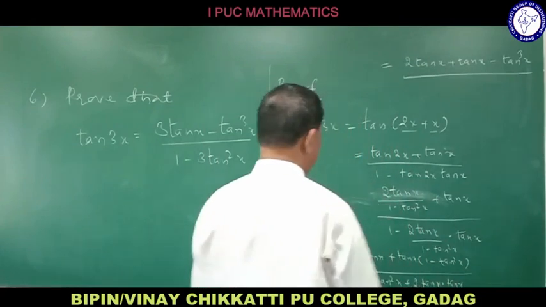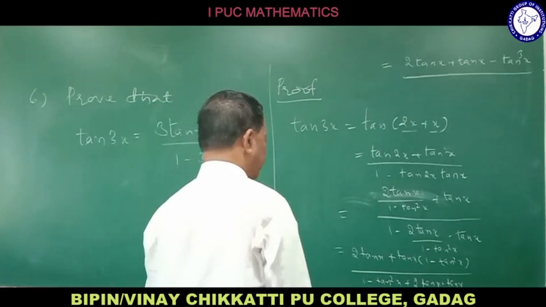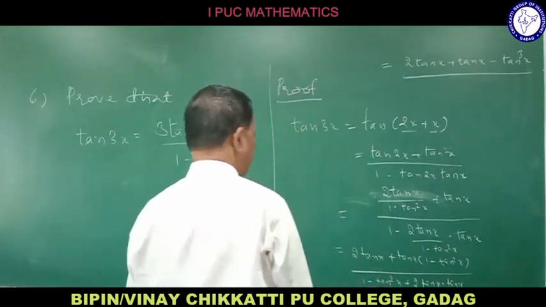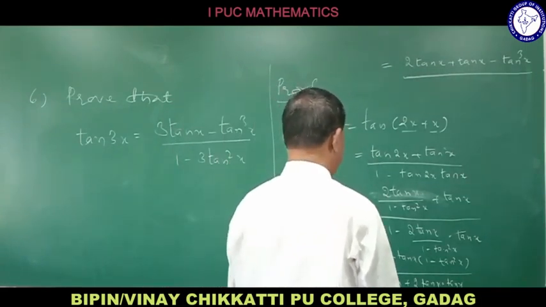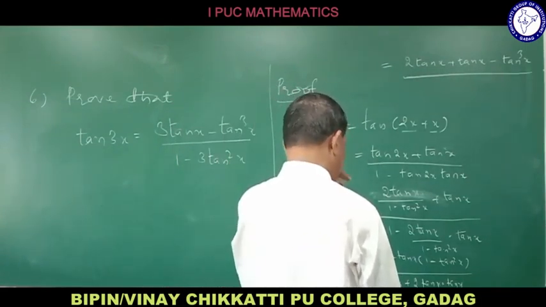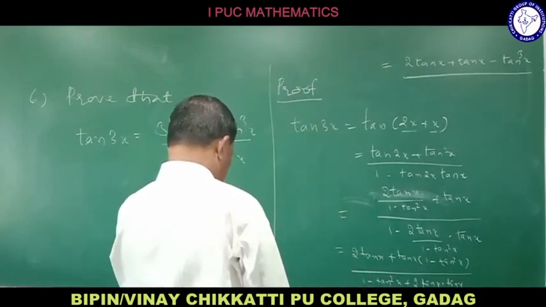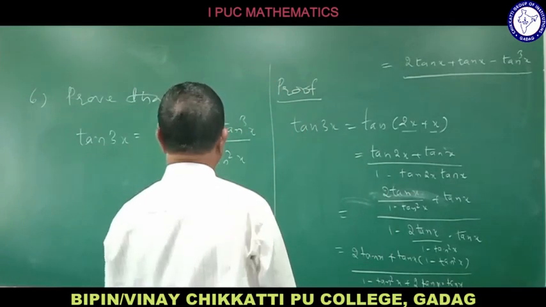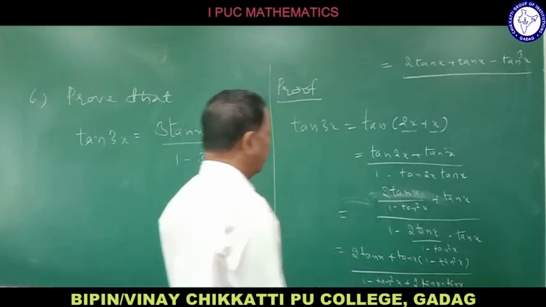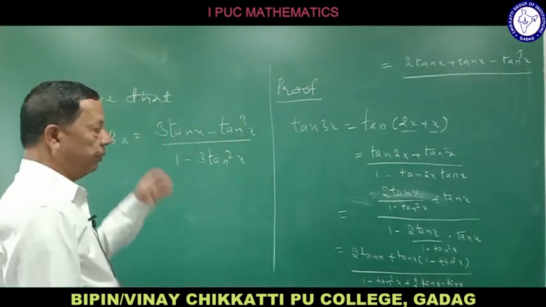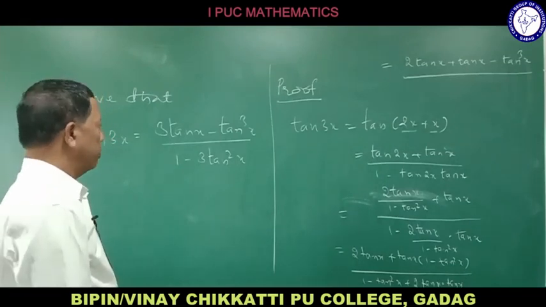How can we use this idea? The formula is tan square x, and how many tan square x you have to write. When you write this formula, 1 minus tan square x, and you can write tan cube x, that is 2 tan square x, and here you can use the idea that 1 minus tan square x, 2 tan x, that is nothing but 1 minus tan square x.